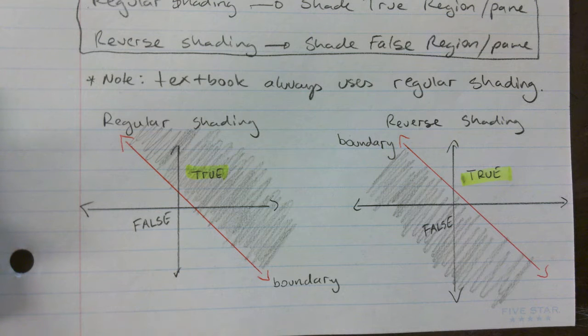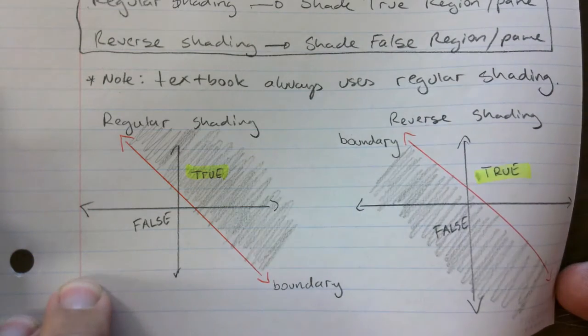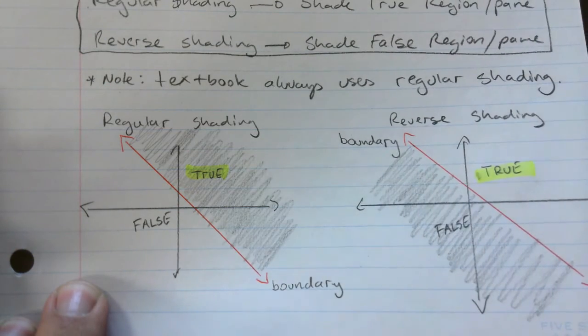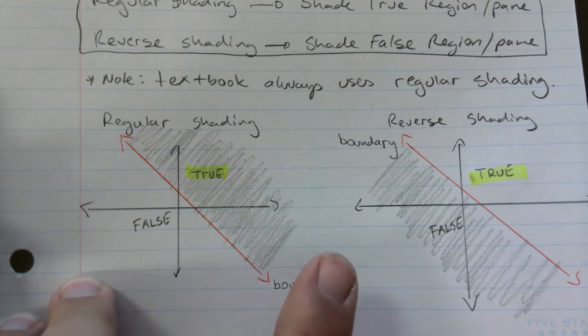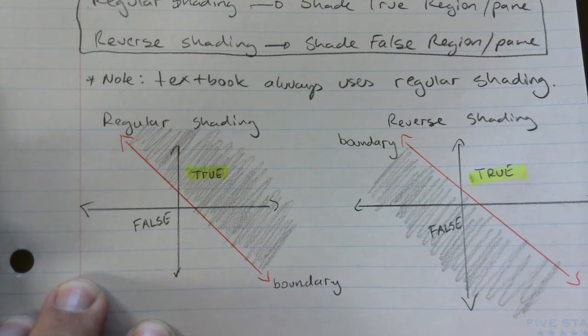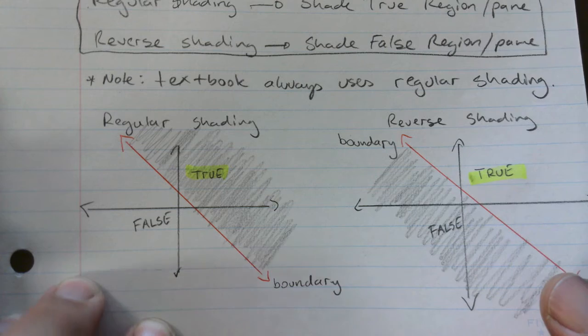And the reason we're going to use reverse shading is because once you do a system, it gets really messy. And if you do reverse, the solution is going to be clear, not shaded at all. So that's why I'm doing that. And you will see later on, it'll be a lot easier to work with. So I already gave you the disclaimer, right? Okay.